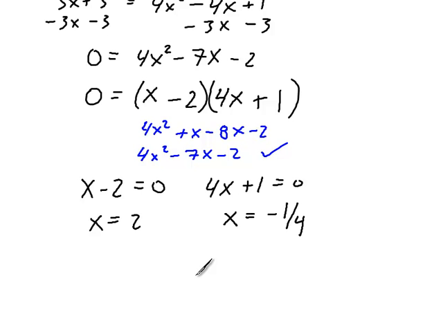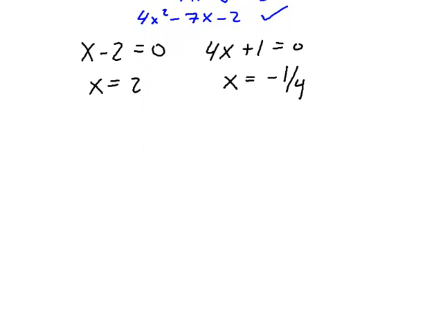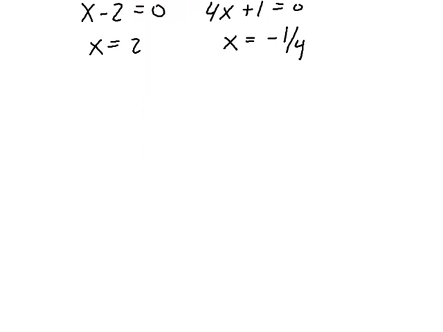Okay, now don't be tempted to stop here. We have to make sure that we check our answers. So I'll write again our original problem, and we can check our answers. Our original problem was the square root of 3x plus 3 equals 2x minus 1.